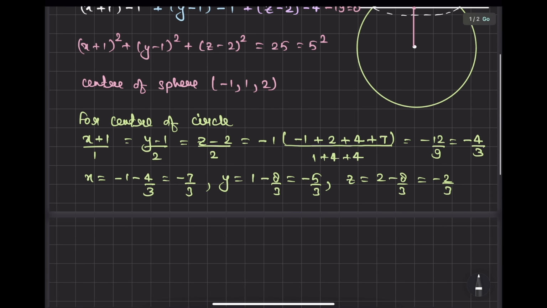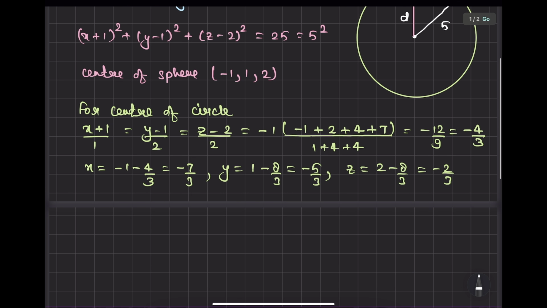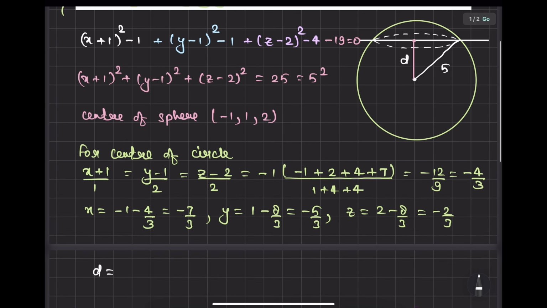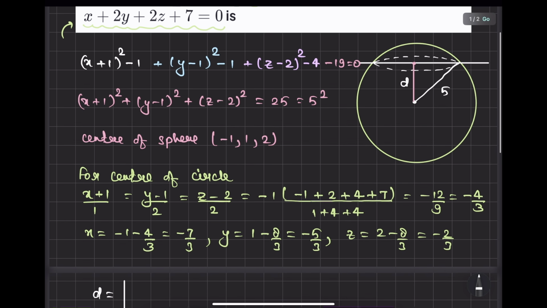Now we will find out the radius. First we will find the distance, and the radius of the sphere is already known, that is 5. Now we will find the distance d. Distance d is point satisfaction upon root under a square plus b square plus c square. So we will satisfy the point on the plane.